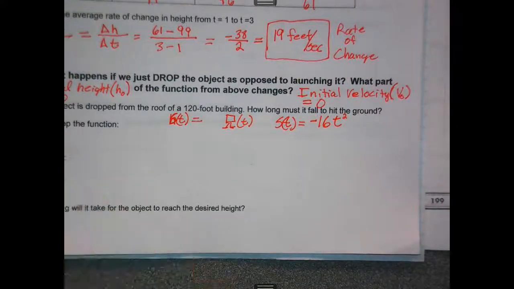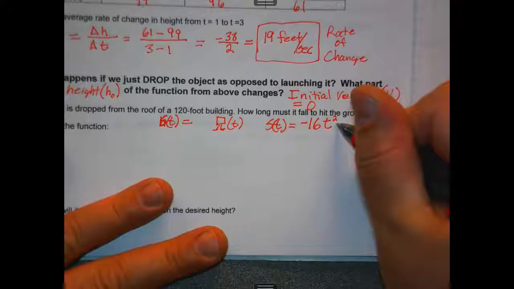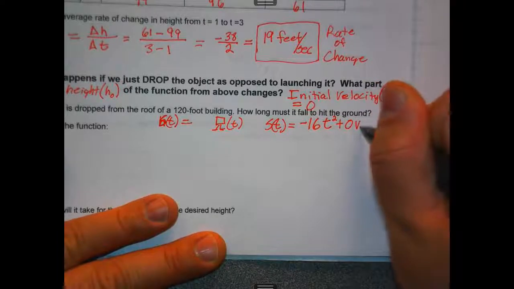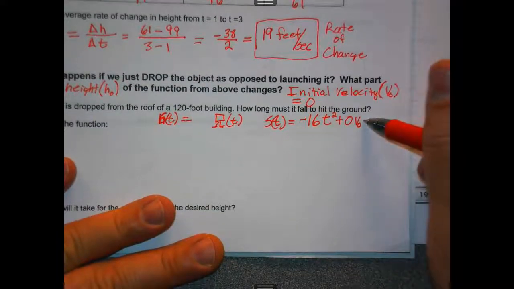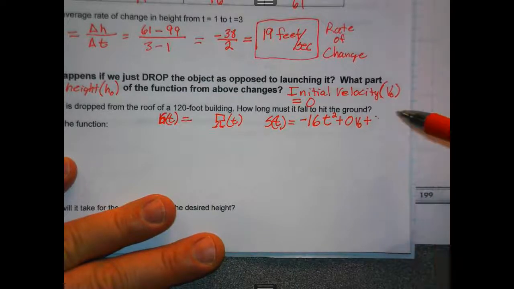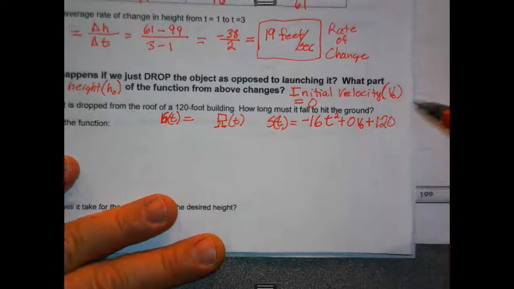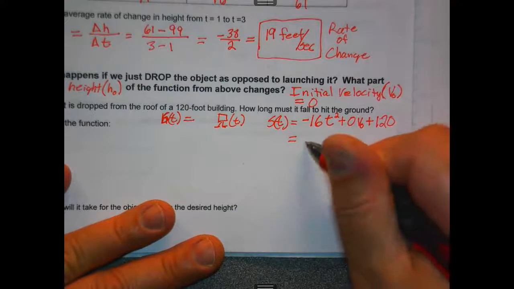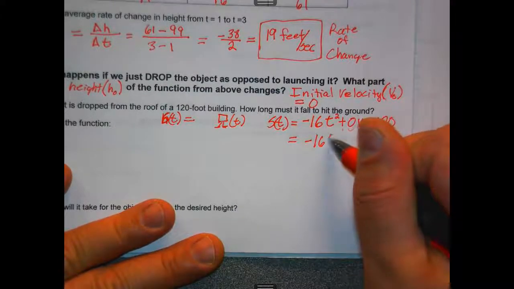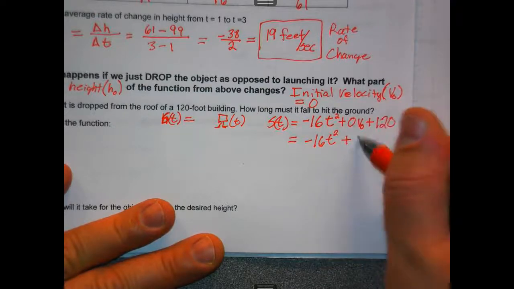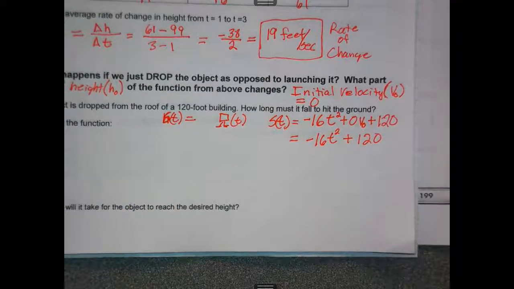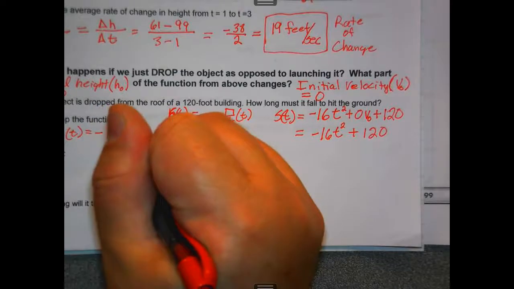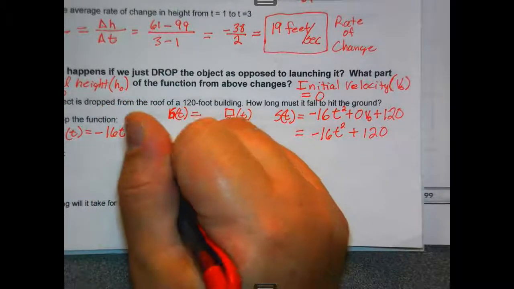Negative 16t squared plus, what's our initial velocity? 0, v sub naught, or v sub 0. And what's our initial height? 120. Okay, we can simplify this. Yes, you're right. You get rid of this middle term because it's 0. So negative 16t squared plus 120. So that's my function. s of t equals negative 16t squared plus 120.